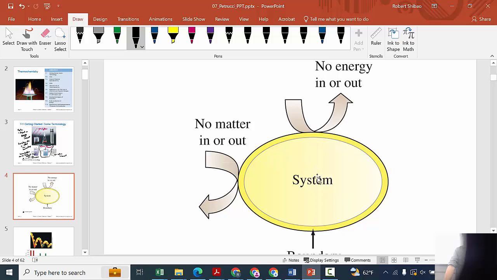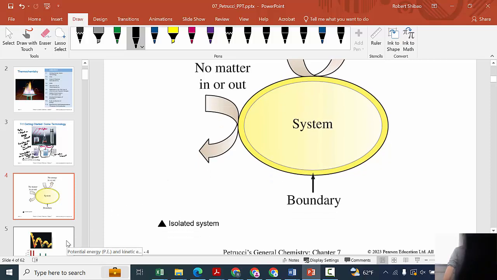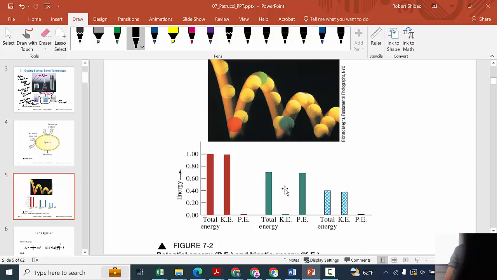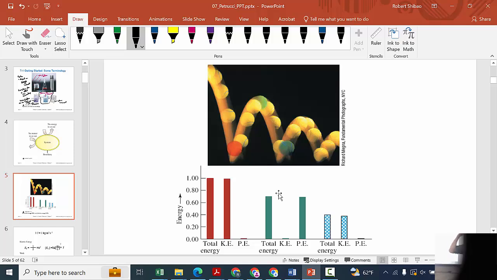Now, we're going to look at this in more detail, but before we do that, let's talk about energy. We're going to be talking about different types of energy, and this gets a bit mixed up sometimes. We talk about total energy, internal energy, kinetic energy, potential energy, heat, work.